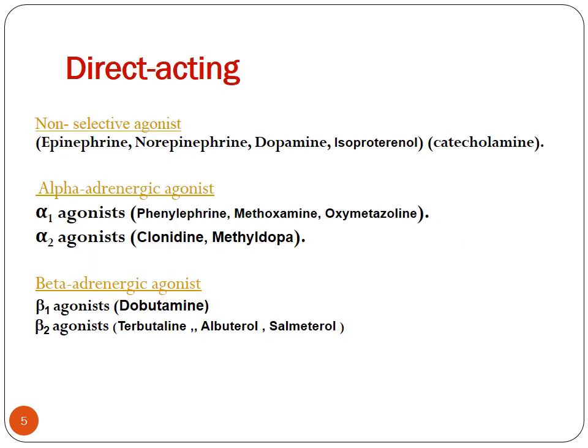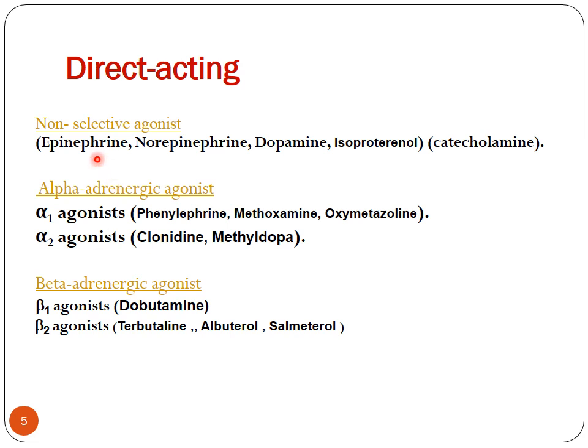We will start with the direct acting, or direct stimulation of the adrenergic receptor. This is also subclassified according to their affinities to the receptor, for example, non-selective and selective. What do we mean by non-selective?